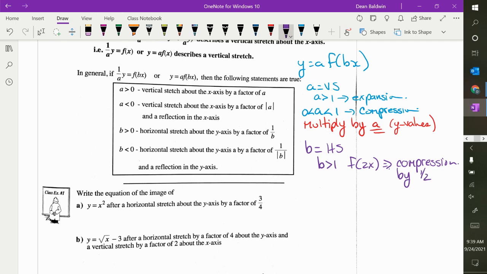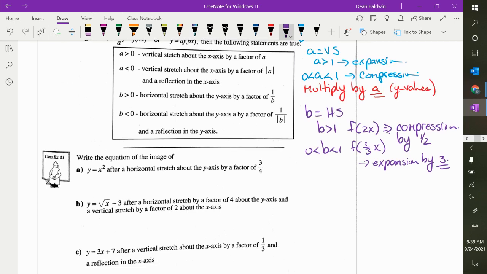Because you flip the B value. So if B is between 0 and 1, i.e. 1 over 3x, you get an expansion by 3. Basically, you multiply x values by 1 over B. That's the take-home message there.